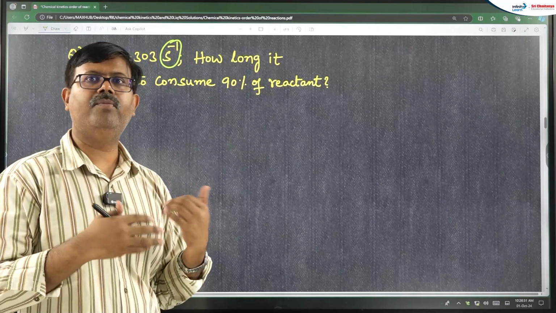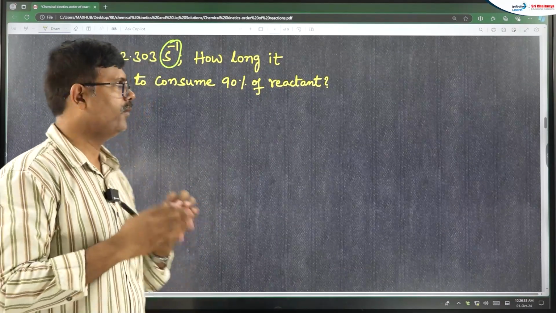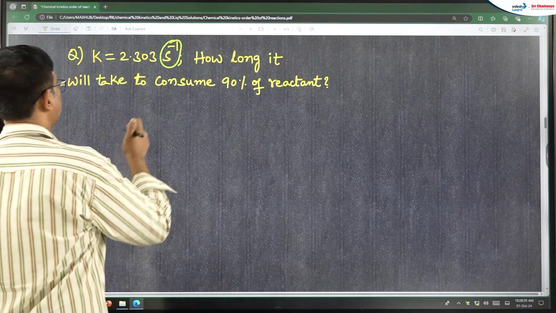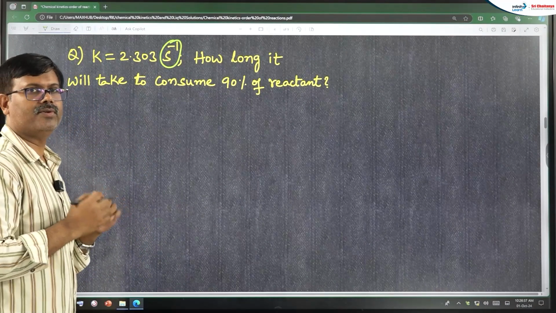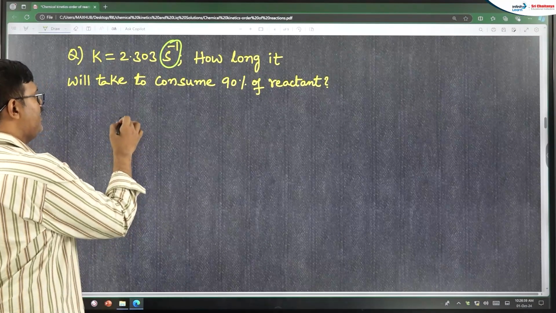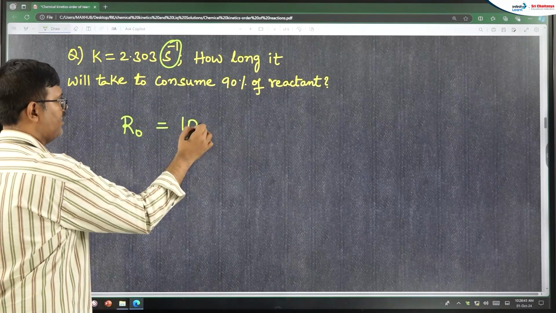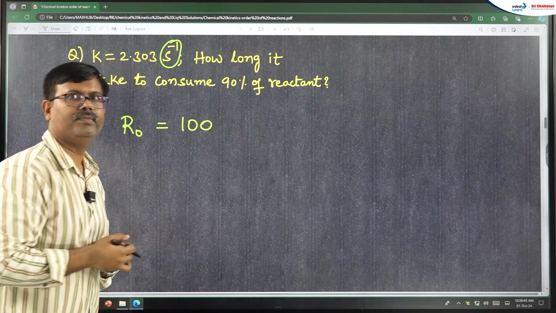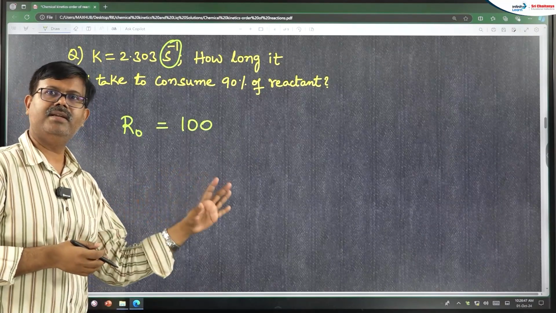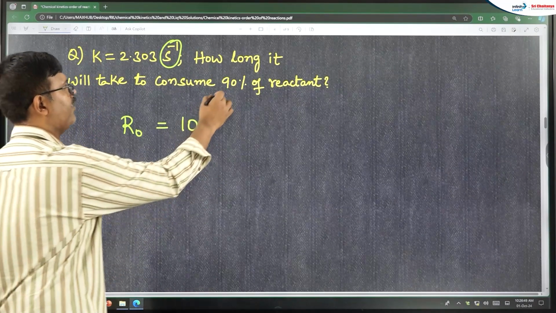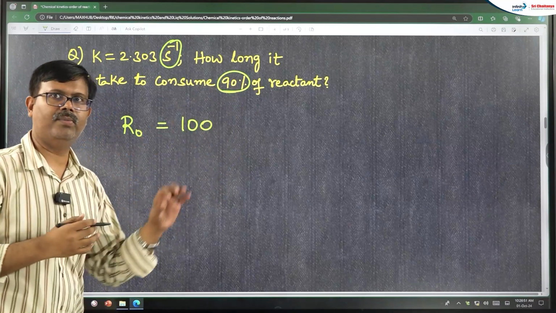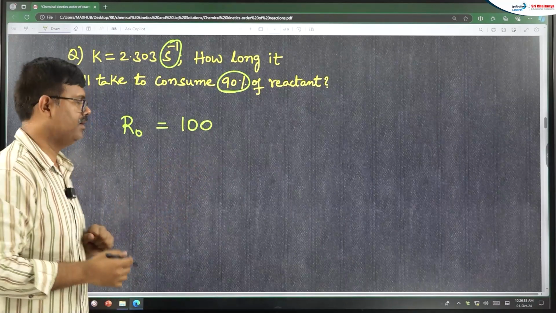90% to consume, how much time will it take? Okay. Now, how do we solve such problems? Initial concentration, let's take it as 100. Whenever you are dealing with percentage problems, start like this.